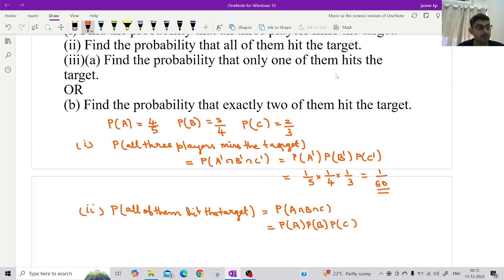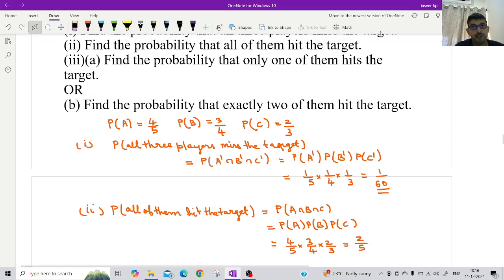So all of them are hitting the target. So it will be 4 by 5 into 3 by 4 into 2 by 3. So that means it will come as 2 by 5. So for the second question, it is 2 by 5.